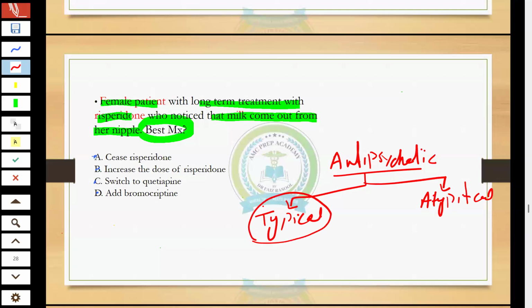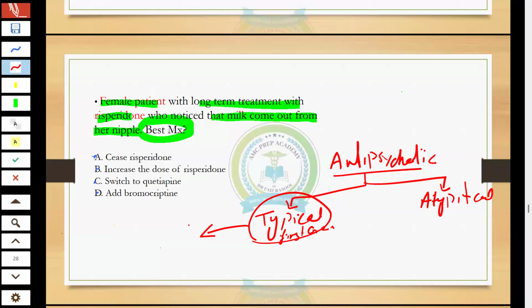Typical antipsychotics are less used nowadays because they have adverse effects like extrapyramidal effects. So that's why they are less used nowadays. Typical antipsychotics are also known as first generation antipsychotics.